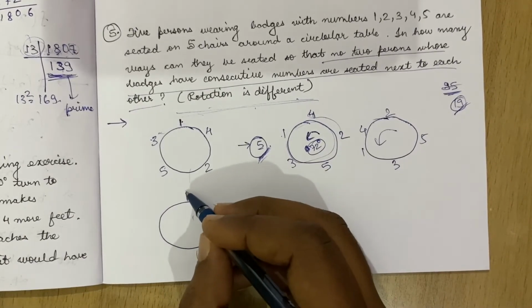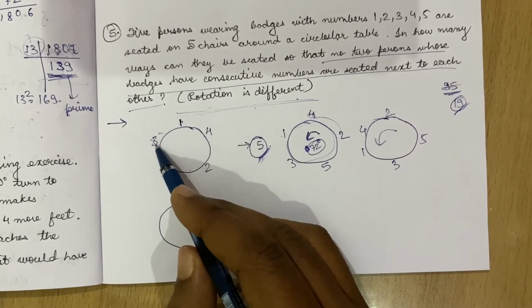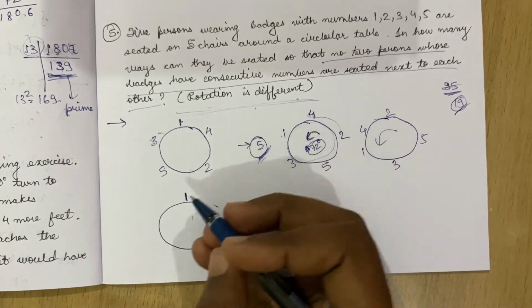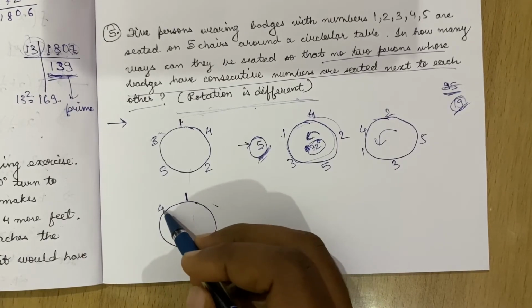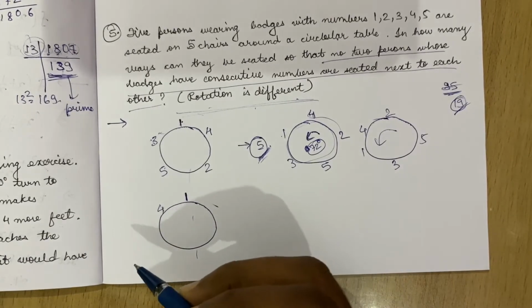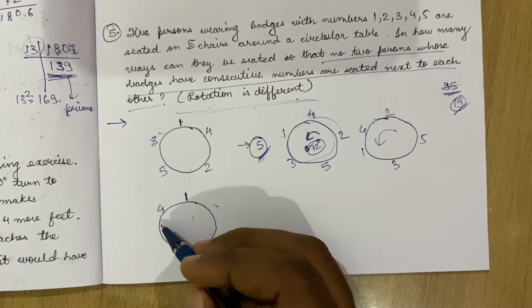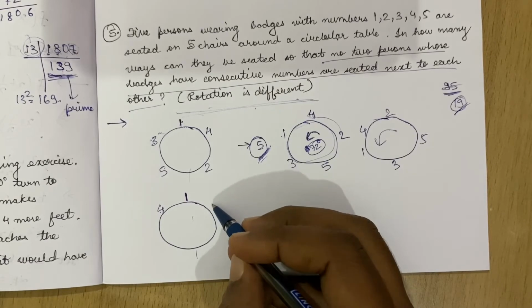Sorry. So setting 1 here, I already have an arrangement where 3 is over here. So another possible arrangement could be when I have 4 over here. So because 2 can't be here, so 1, 4, and on this side I can have either 3 or 5.